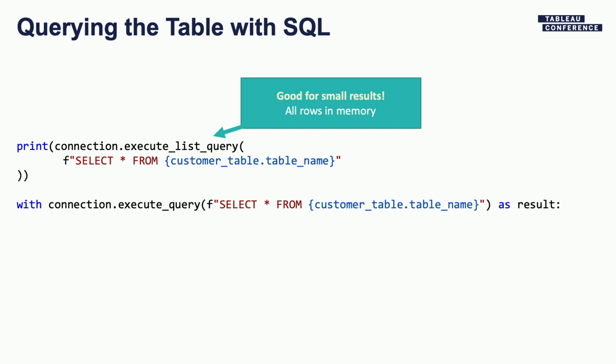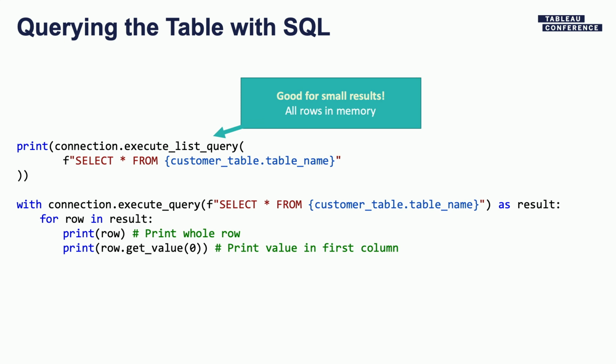So even if you query 1 billion, 1 trillion rows, it will not overflow your memory, because it only gets the next rows, and once you read them, it will get the rows after that. You can just iterate over that iterator and, for example, print the rows. You can print the whole row or get different values at different positions. So you see, we give you very much flexibility in how to retrieve your results.